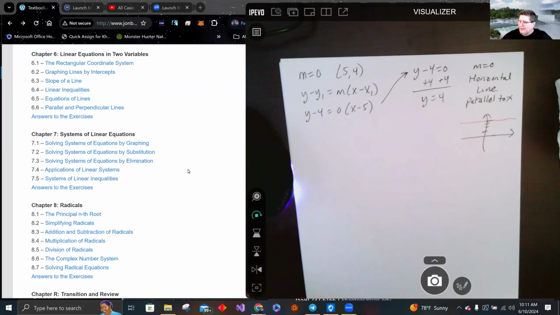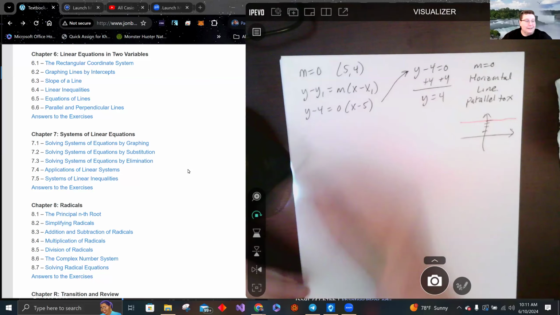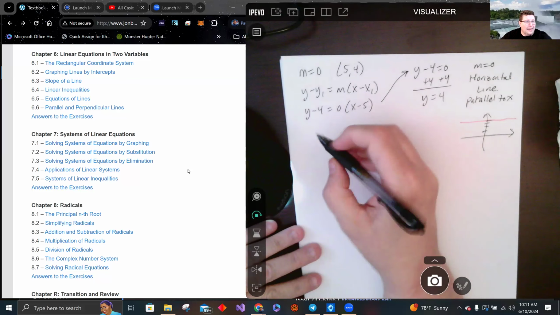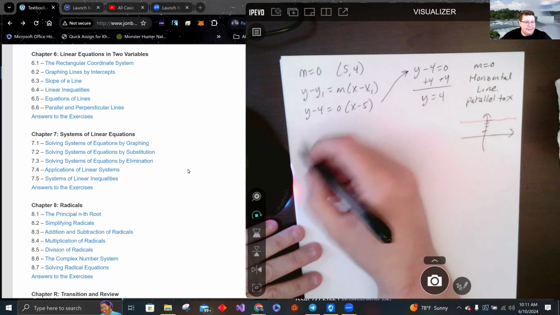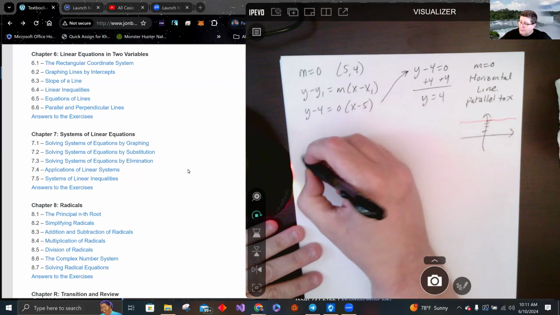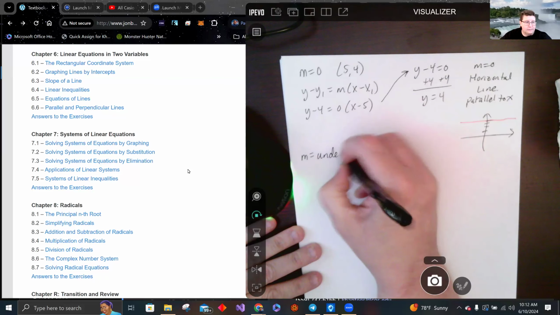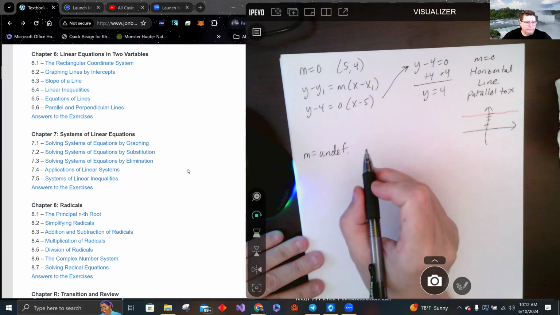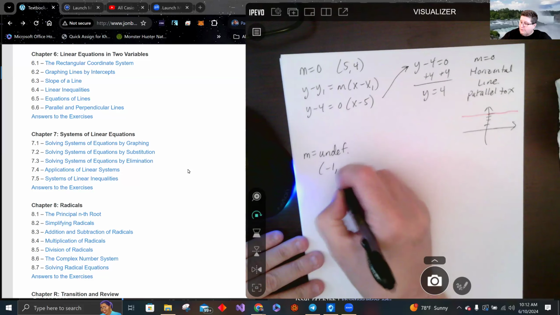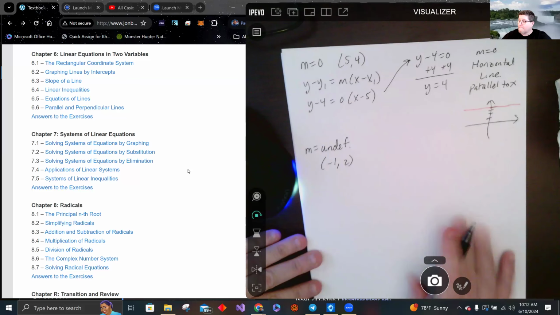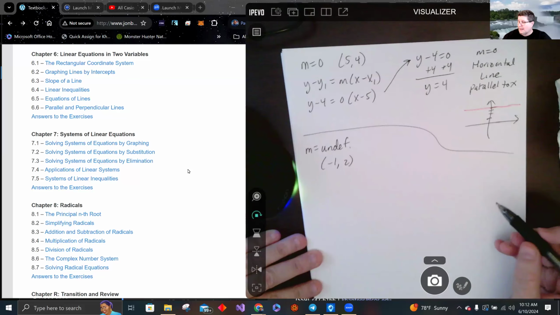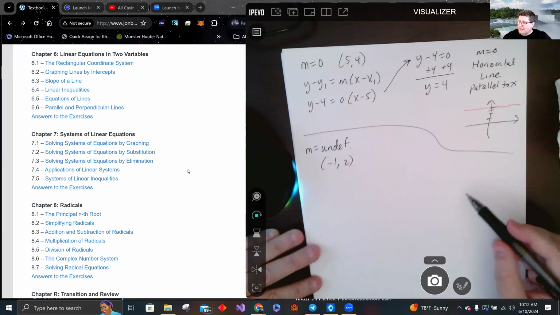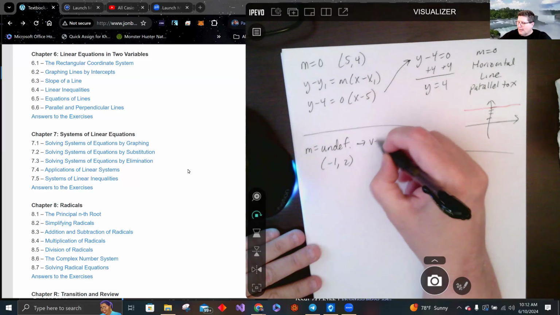The other example, if you can guess where this is going, we have an undefined slope. M equals undefined. And we have the point (-1, 2). So when m equals undefined, this is a vertical line.